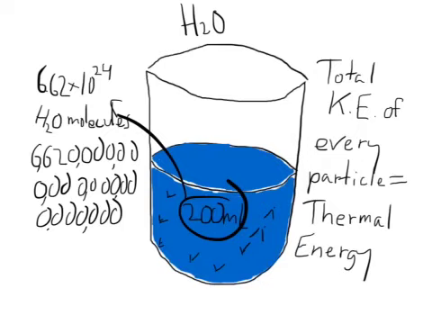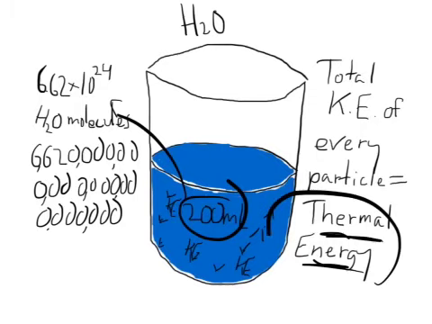Now, if we took the kinetic energy in one of them, here's kinetic energy here, kinetic energy here, kinetic energy here, and we added them all together, every single molecule, we would get what's called the thermal energy. So thermal energy is the total kinetic energy of every particle. If we add them all up, that's what we would get, is thermal energy.